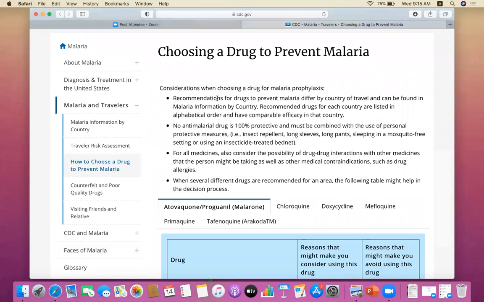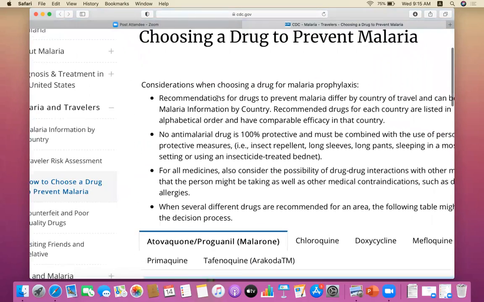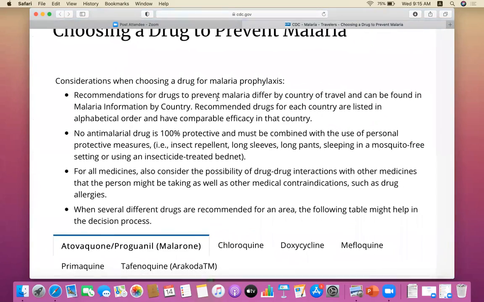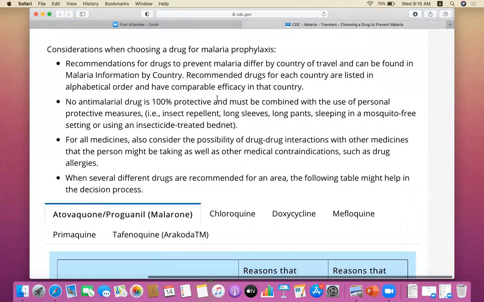Considerations when choosing a drug for malaria prophylaxis: recommendations for drugs to prevent malaria differ by country of travel and can be found in the malaria information by country. Recommended drugs for each country are listed in this table in alphabetical order and have comparable efficacy in the country.